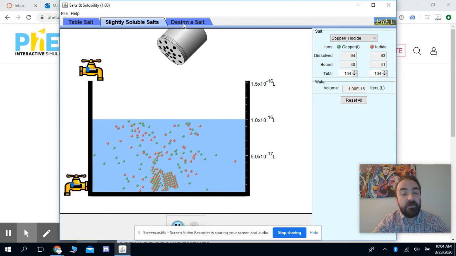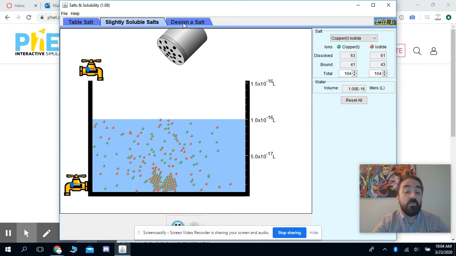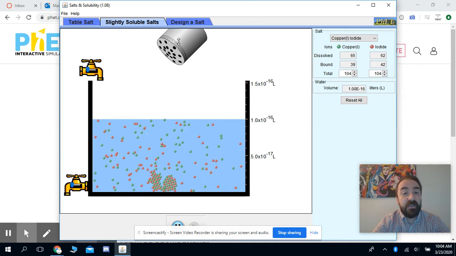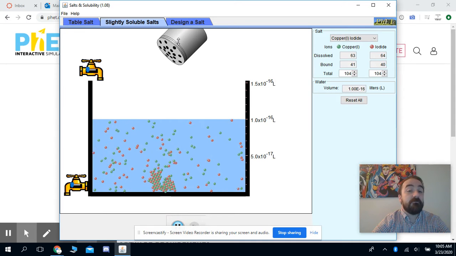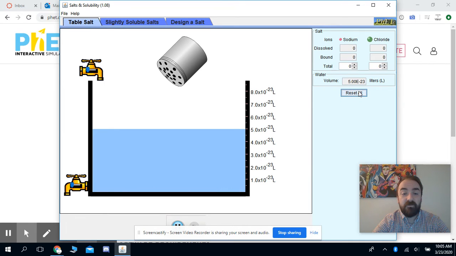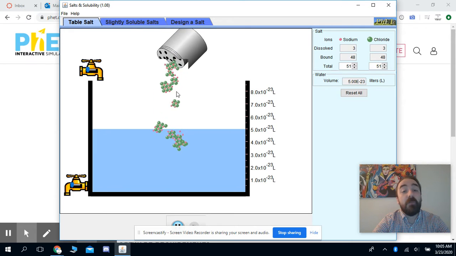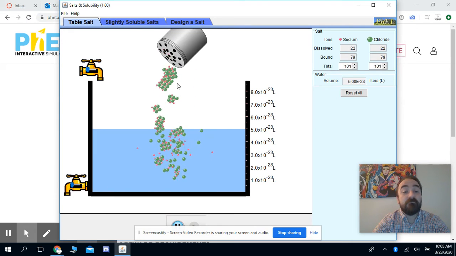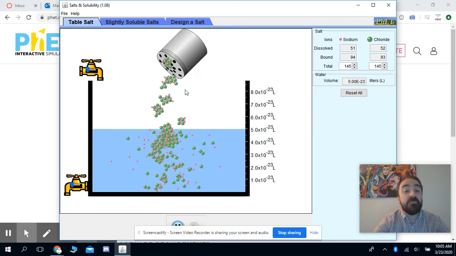But it doesn't dissolve as well as salt does. This would say it has a lower solubility. Whereas salt can dissolve a lot more in water. It has a higher solubility.